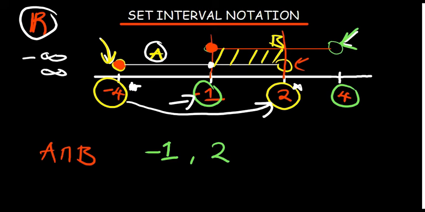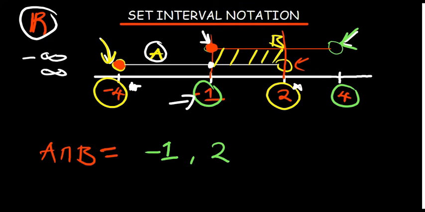So -1 is part of A. Now, is it part of B? At the endpoint -1, set B is shaded, so it is also part of B. Since it is part of both A and B, it is part of the intersection since it is common.